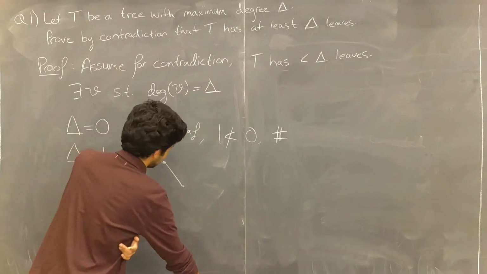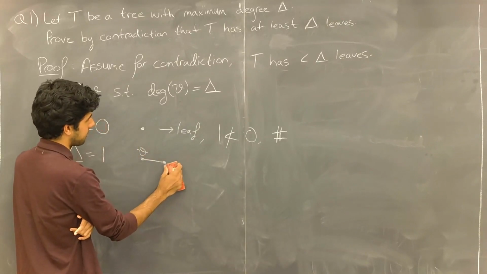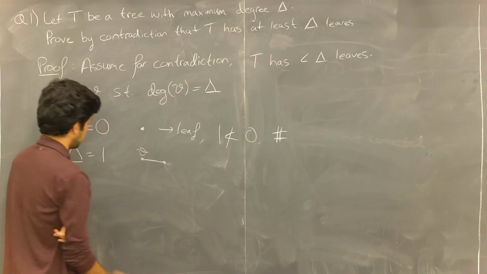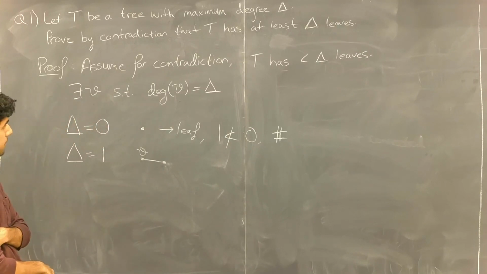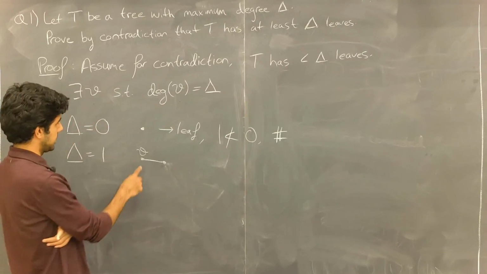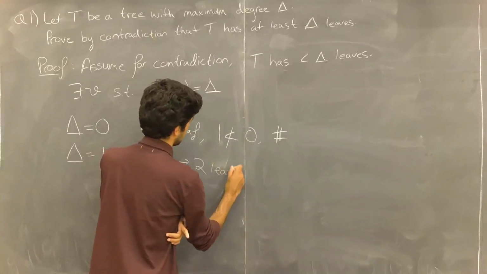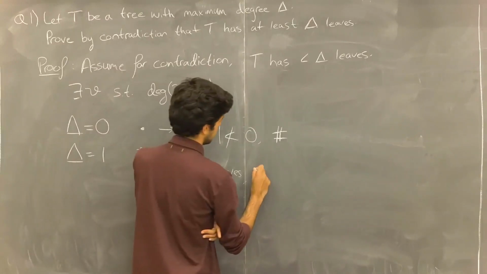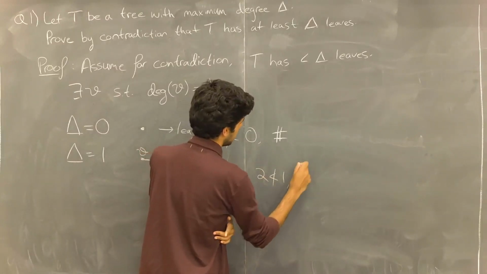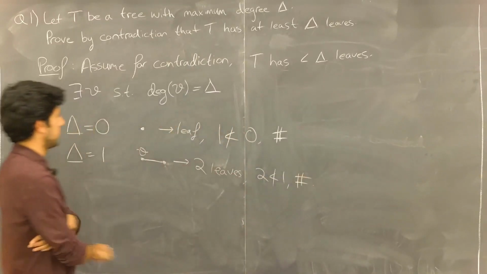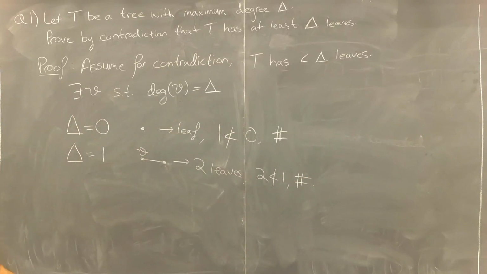So we can't add anything to this graph. So this is the only graph that's a tree with maximum degree 1. And here we have 2 leaves. And 2 is not less than 1, so this is also a contradiction. Okay, so far so good.